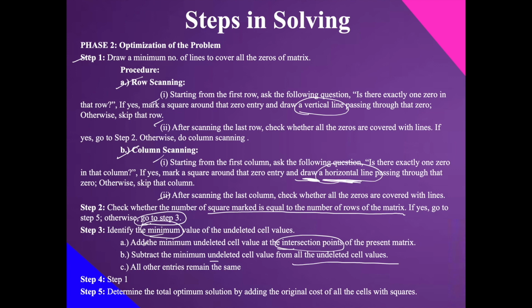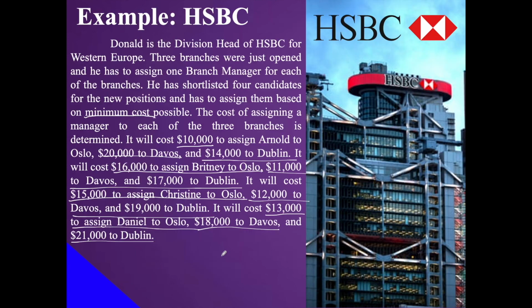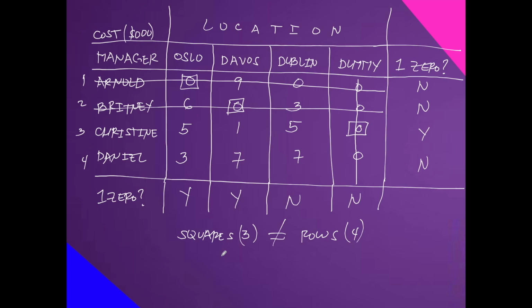Then, yung mga hindi nabanggit, yung mga hindi kasama sa dalawa, remain the same. Pareho yung value nila. Ito, guys, is for our next matrix. So, sige, gawin natin yung sinasabi ng ating step number 3. Minimum value, hanapin muna natin.